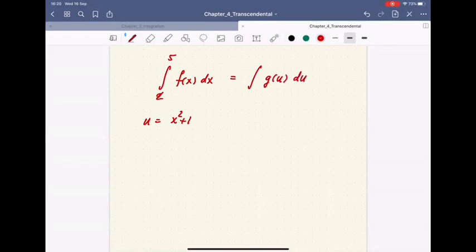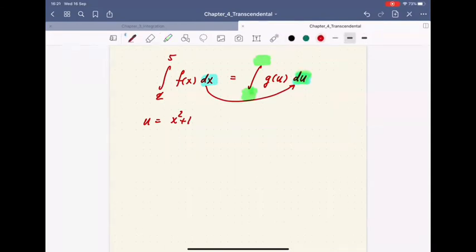Every time you switch, because now you have your x here and you switch to u, your lower bound and upper bound that you wrote here should represent the lower bound and upper bound in terms of u.